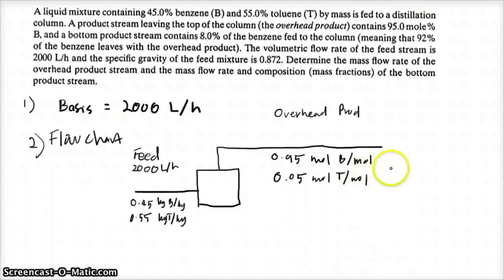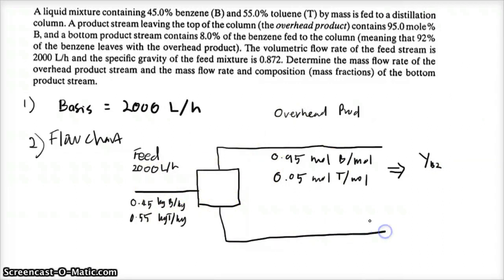So we can convert this to mass fraction, which we can just write. I just copied it from the book. So it says here YB2, since this is 1, 2, and the bottom one is 3.